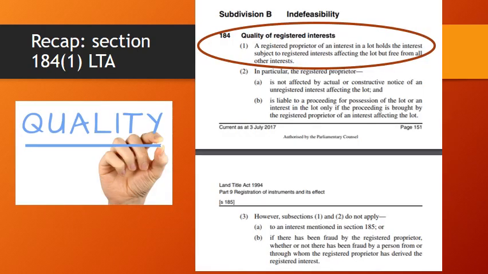Section 184 is where we find that provision. Note there section 184(2), which says that even the registered proprietor, that is the owner or anybody else who's got a registered interest in that lot, they're not going to be affected by any notice that someone else might have an unregistered interest.